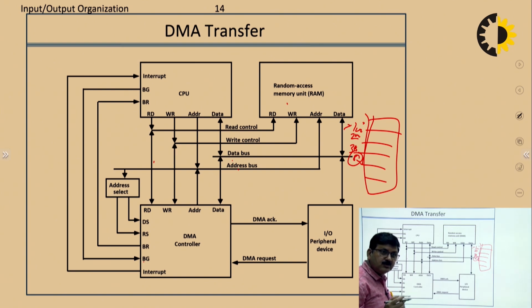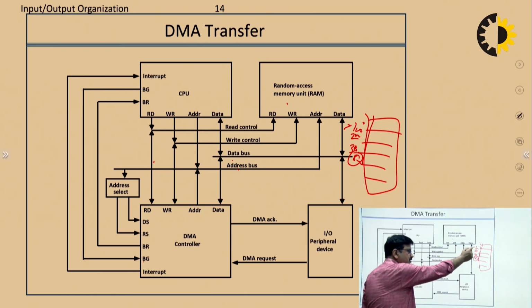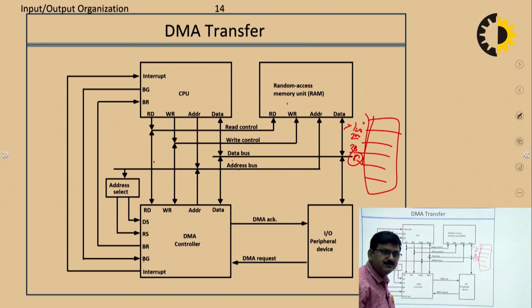Then second, what we have to do: read or write. Suppose we have to read these 8 words from this location. These three things are given as information by the CPU.